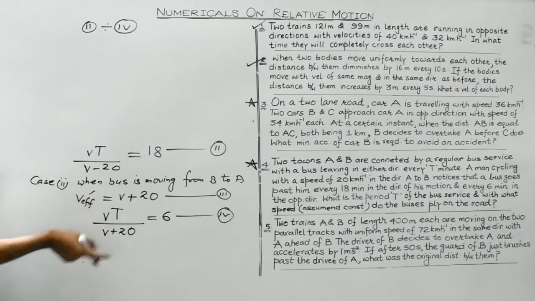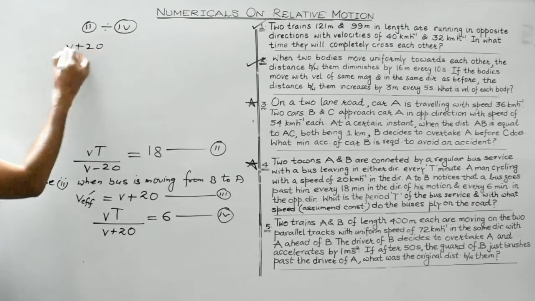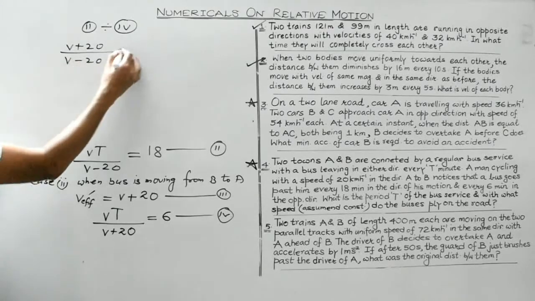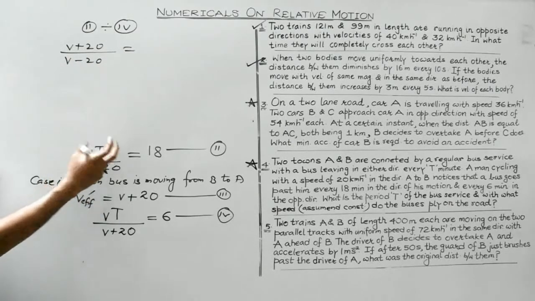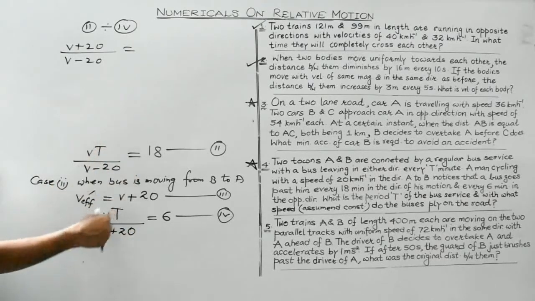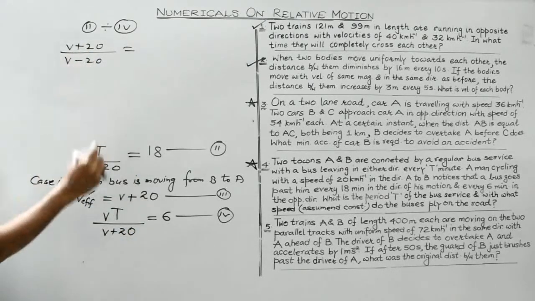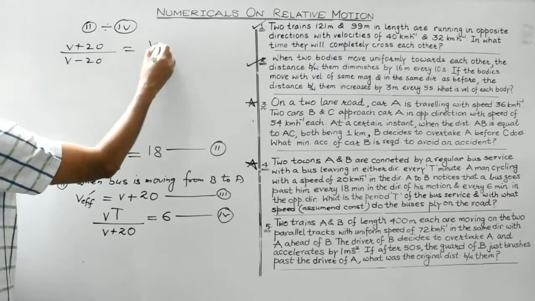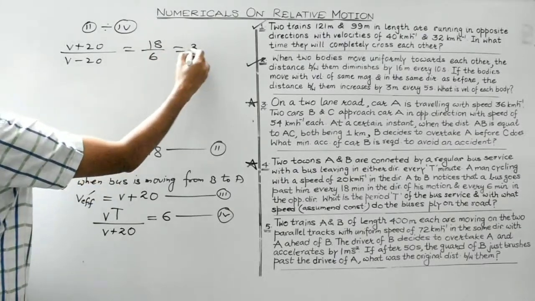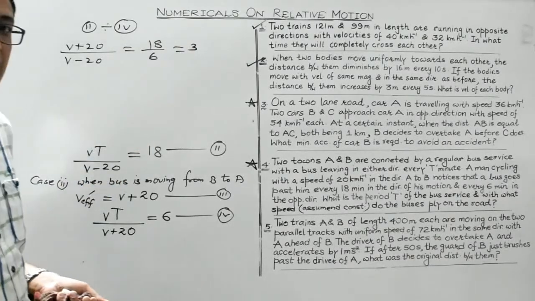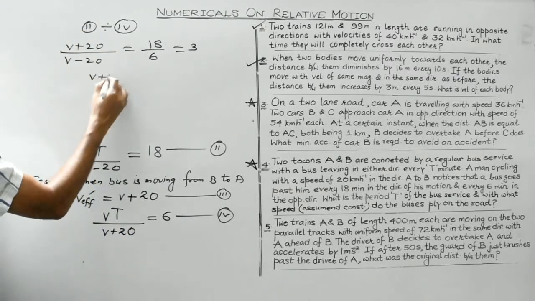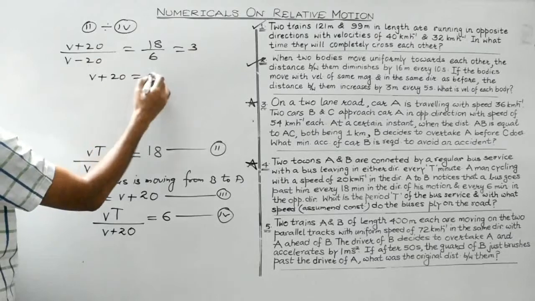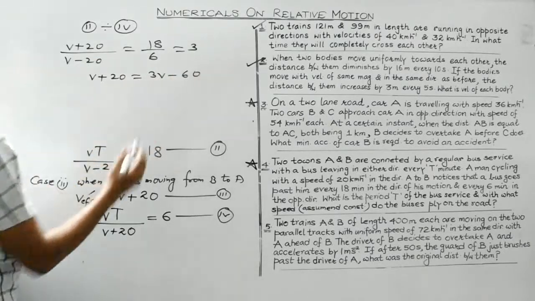On the left-hand side, VT gets cancelled, so we get V plus 20 divided by V minus 20. It would be equal to 18 by 6, which is equal to 3. Simple. We will easily get the value of V. Cross multiplying, we get V plus 20 is equal to 3V minus 60.